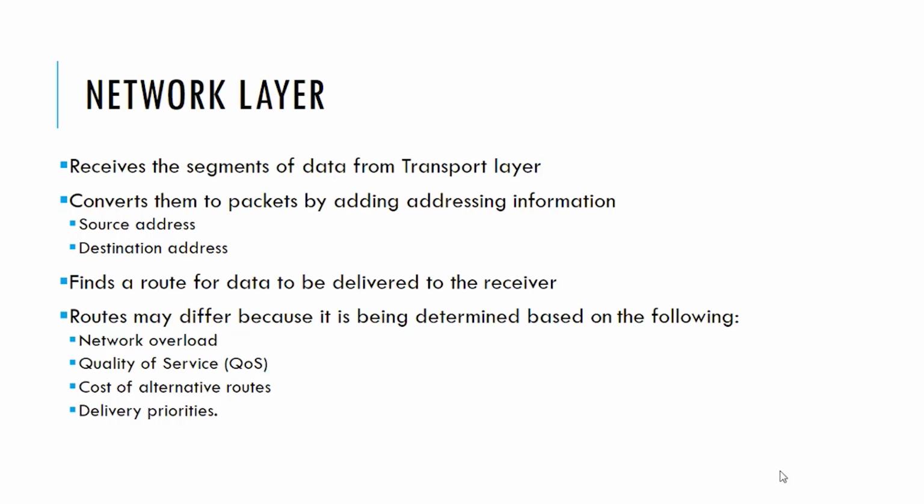Routes that are designed for any group of data may differ because they are determined based on the following: either the least network overloaded route, or the best route from the point of view of quality of service, or the least costly route, or according to some delivery priorities, which means that the data has a priority over other data, so it should take a path that is faster than other data would take. These are the most common criteria for route definition.